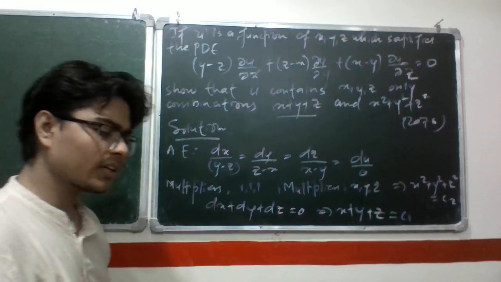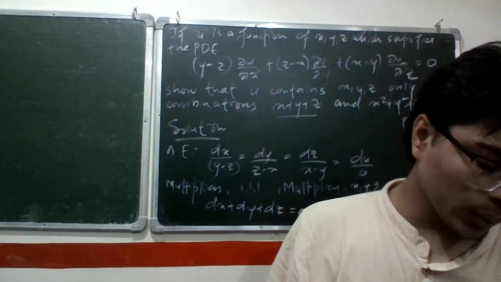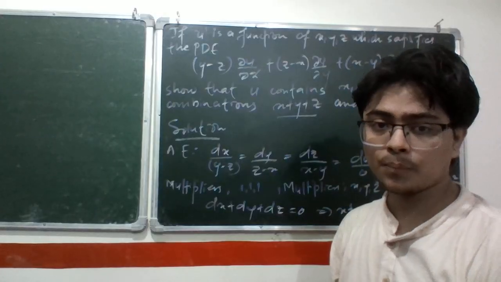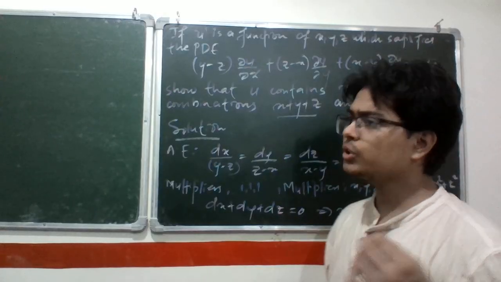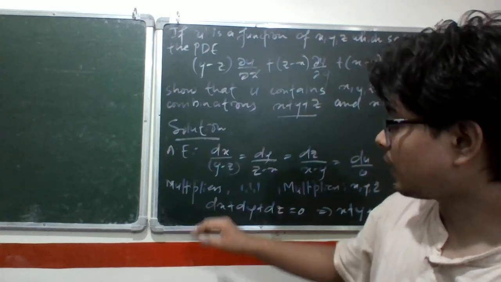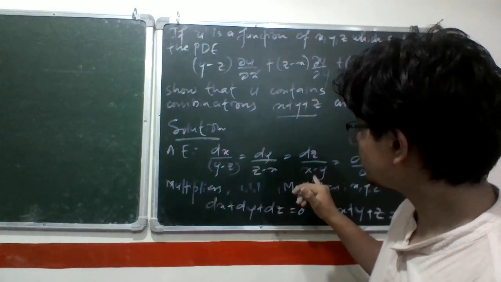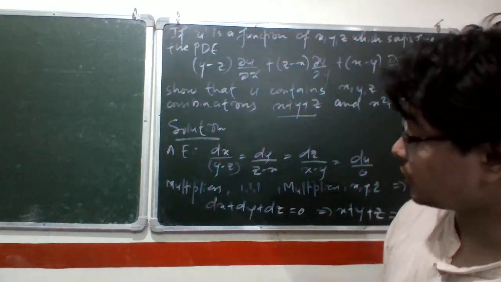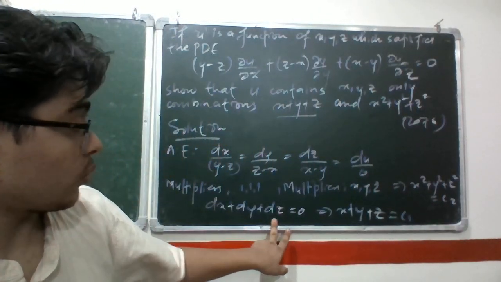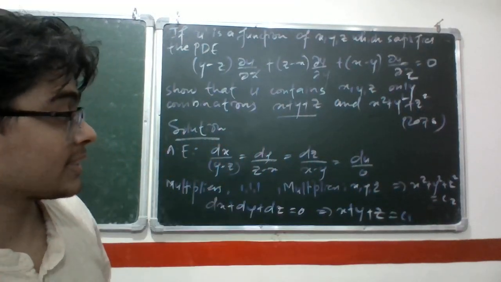So for the solution we didn't do much. What we did is we found the auxiliary equation, and we chose multipliers which make the denominator 0, and I found that 1, 1, 1 and x, y, z make it 0.